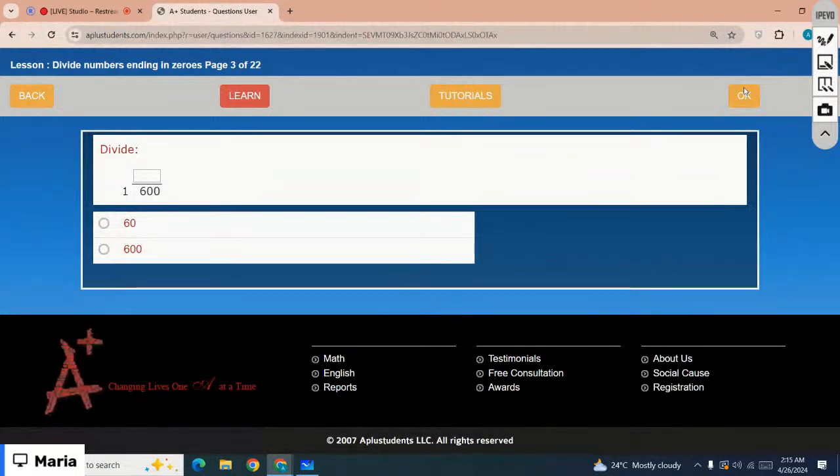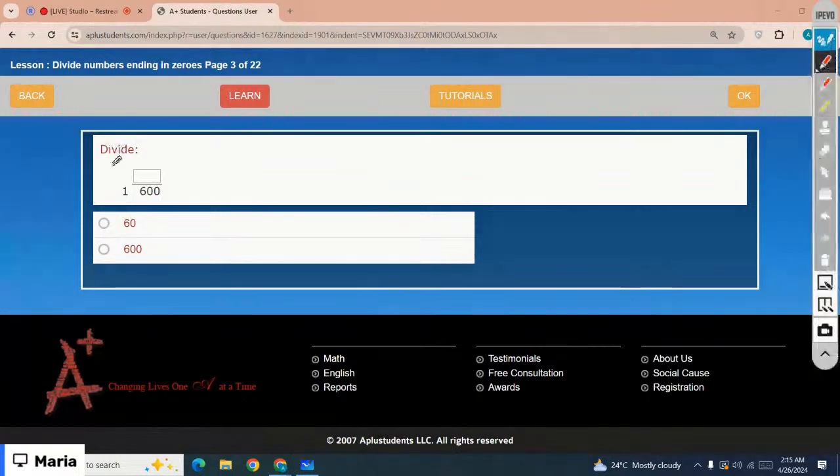Okay, the next one is 600 divided by 1, which is the correct option. It is like this: 600 divided by 1.